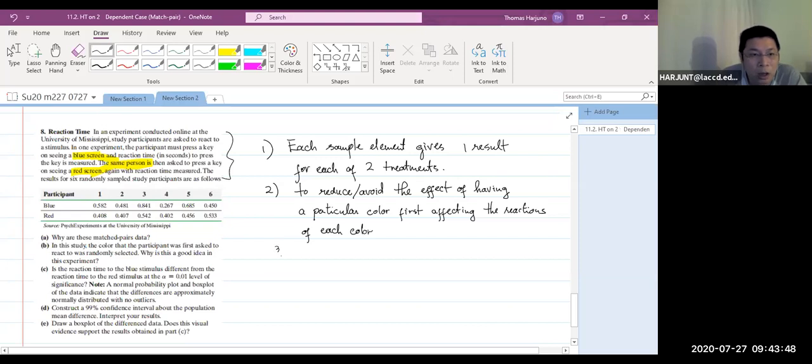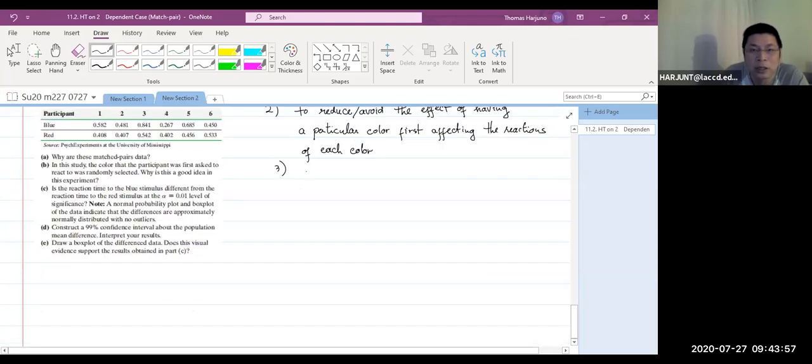The third one, is the reaction time to blue stimulus different from reaction time to the red stimulus? Okay, then I need to do hypothesis testing. That's the claim. Okay.